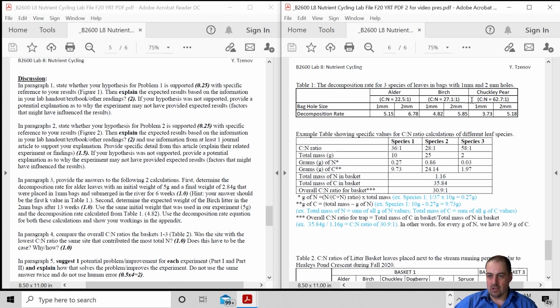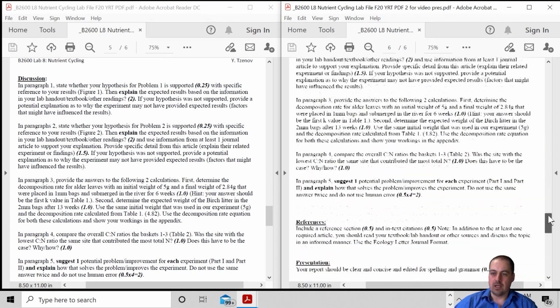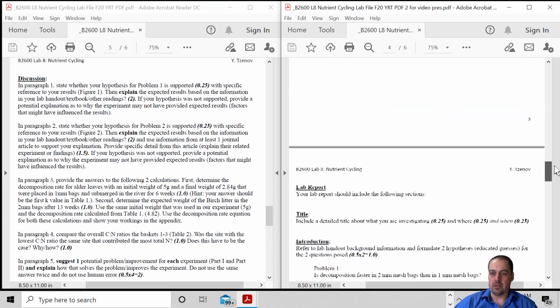So this is the lowest, this is a bit higher, and this is the highest ratio. So this is the highest quality, a little bit lower quality, and the lowest quality. And you can see that the highest quality is going to give you the highest decomposition rate. So this is the highest quality food, so more inverts are going to be attracted to this, and that's why this is broken down faster, as indicated by the decomposition rate.